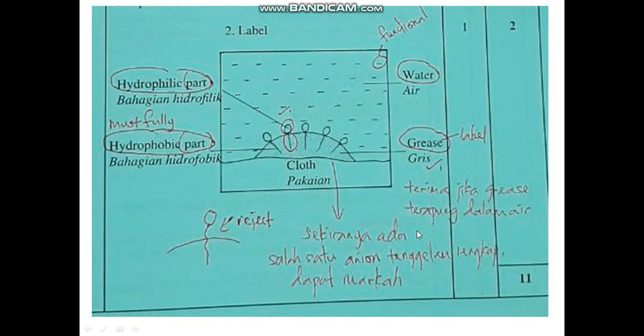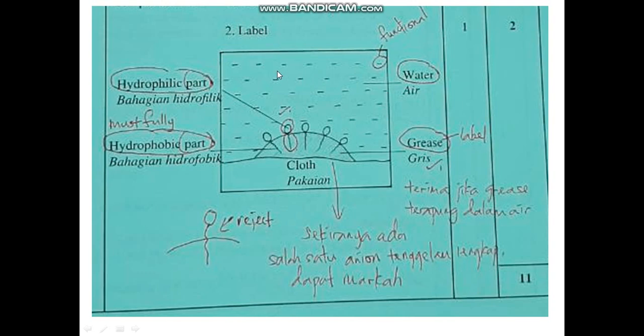So, how do you get the 2 marks? The first one, label. You must label cloth, grease, water, hydrophilic part and hydrophobic part correctly. And your labels bring you 1 mark. And the next one, functional. What is the meaning of functional?